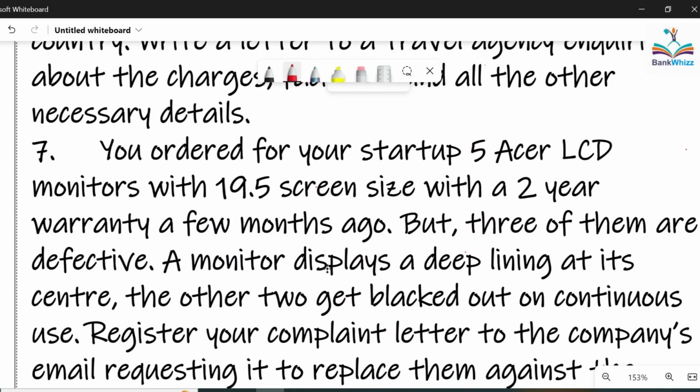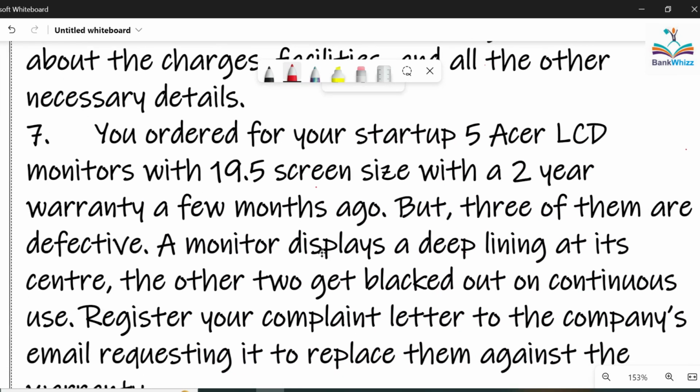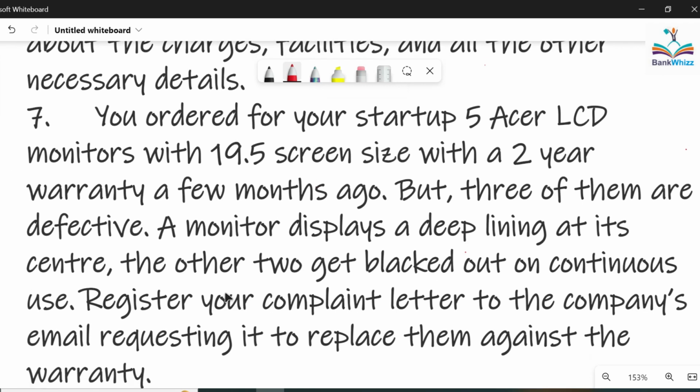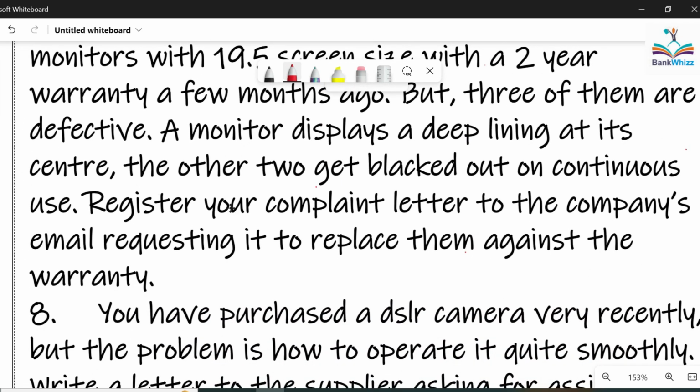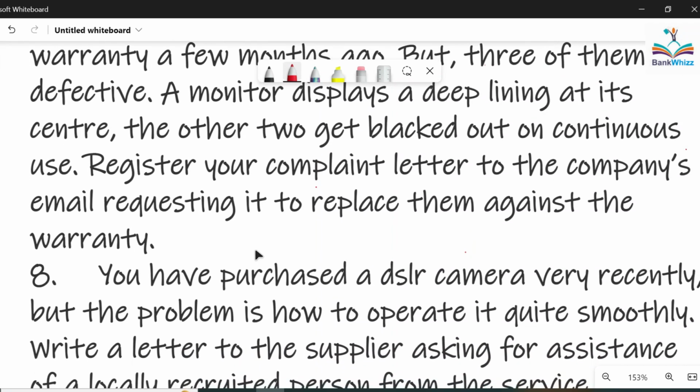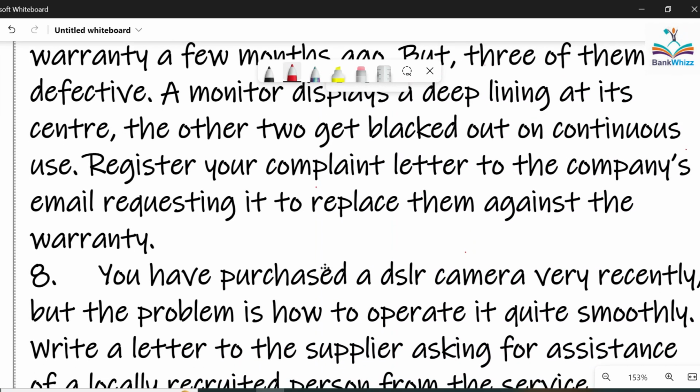Friend, the seventh important business letter is: you ordered for your startup 5 Acer LCD monitors with 19.5 screen size with a 2-year warranty a few months ago. But 3 of them are defective. A monitor displays a deep lining at its center. The other 2 get blacked out on continuous use. Register your complaint letter to the company's email requesting it to replace them against the warranty.